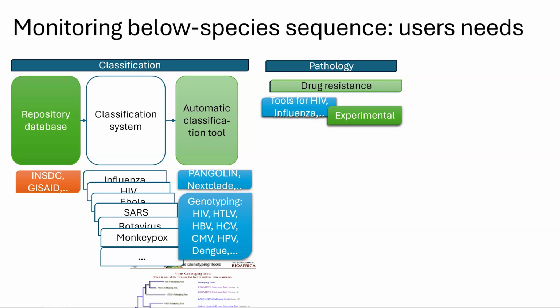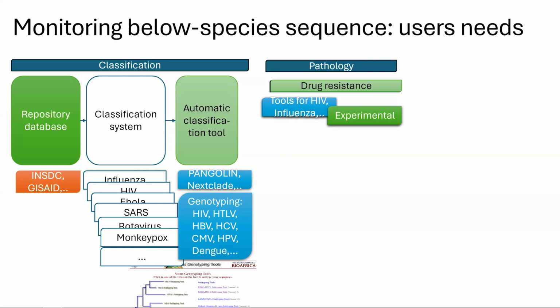And then all these classification systems work very well now, but users need more. For example, for pathology, when there is an epidemic, the doctor wants to know, now they can have a very early sequence of the virus, so they can really treat the patient.